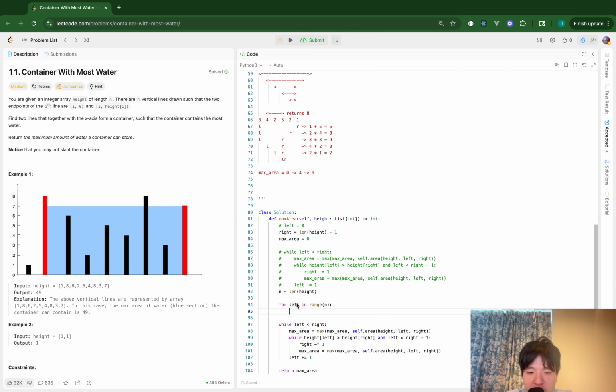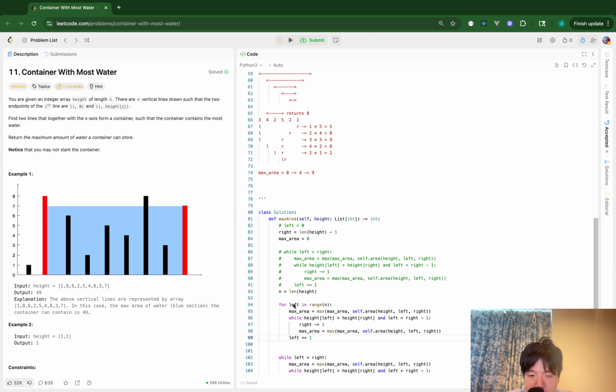For each left pointer, I do this, but I move right pointer only once.